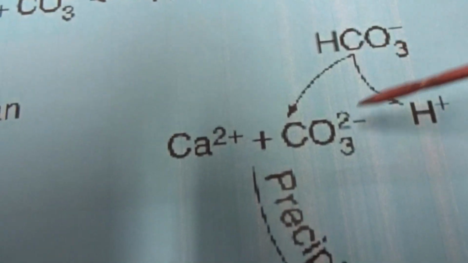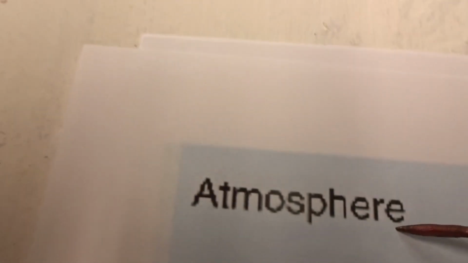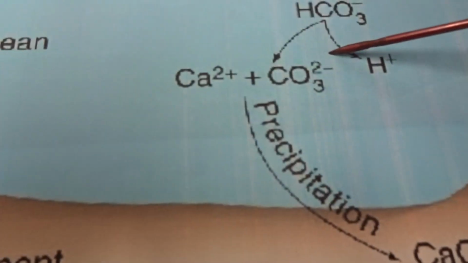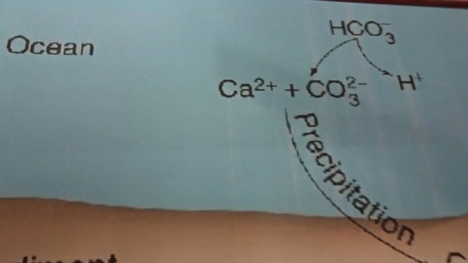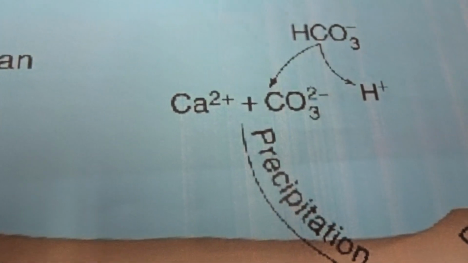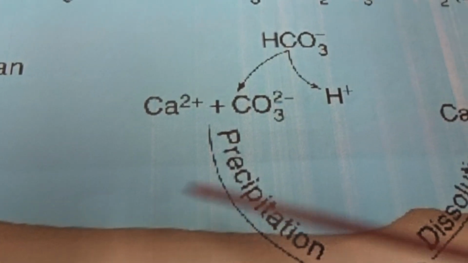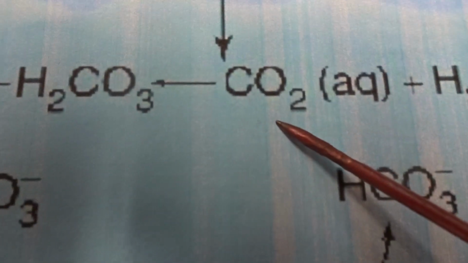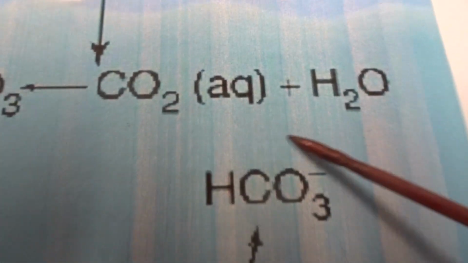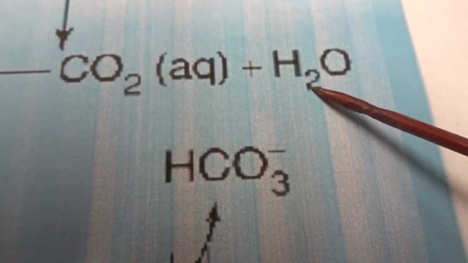Here's a diagram of the ocean to the bottom. This is the atmosphere. In the ocean, chemical reactions occur. For example, aqueous carbon dioxide mixes with water.